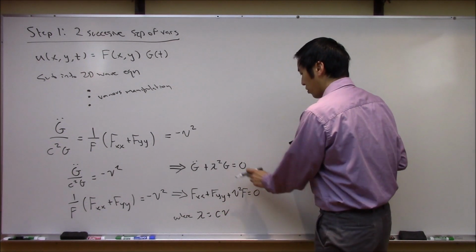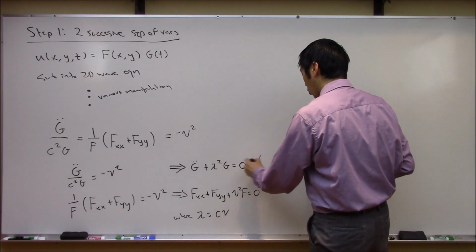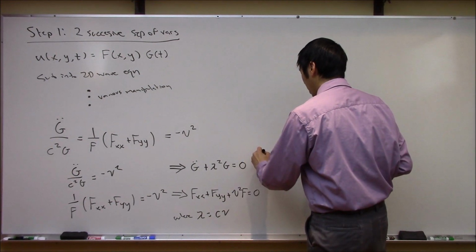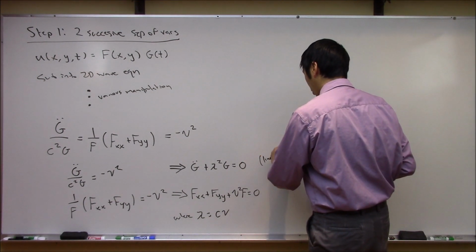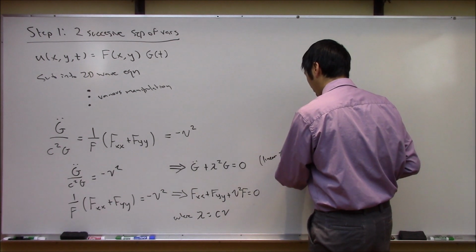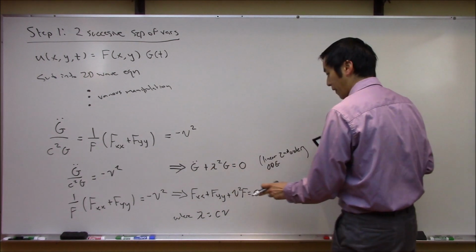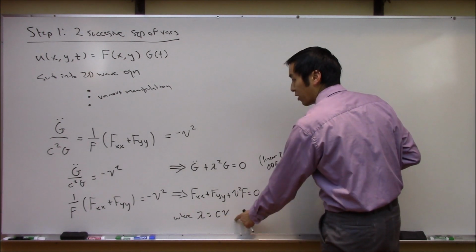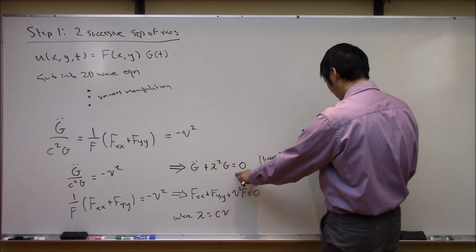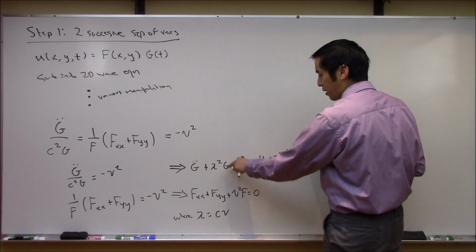So let's look at these two. This first one up here is just a normal linear second order ODE. We'll get to this later, but again, this is something we've seen a million times before.